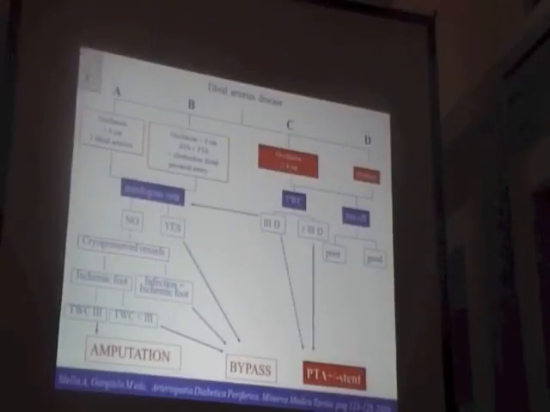Then, if you complete our algorithm, you can see that in cases with trophic lesion with infection, we can go versus the PTA or surgical approach according to the localization of the infection. And if you look at the runoff, in patients with good runoff, generally we treat patients with PTA.